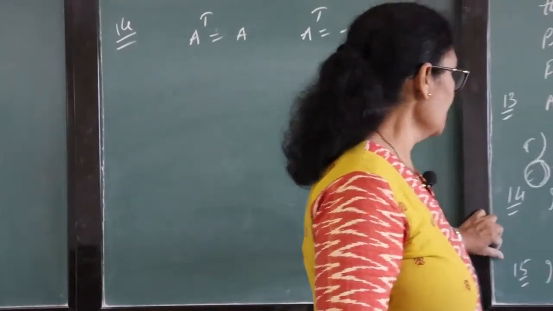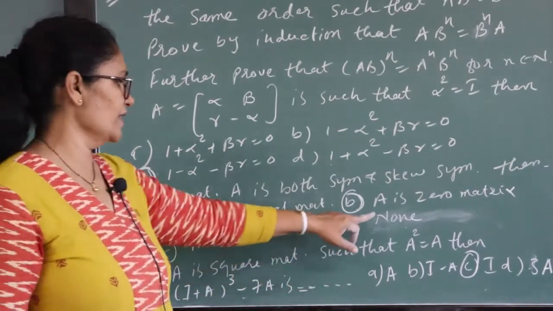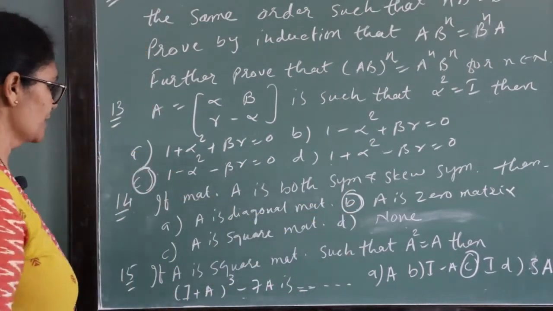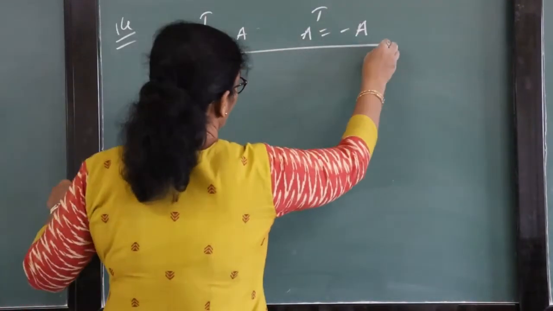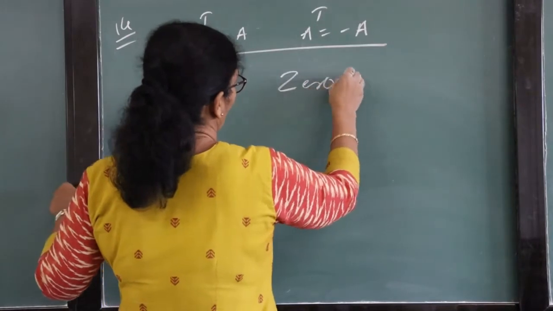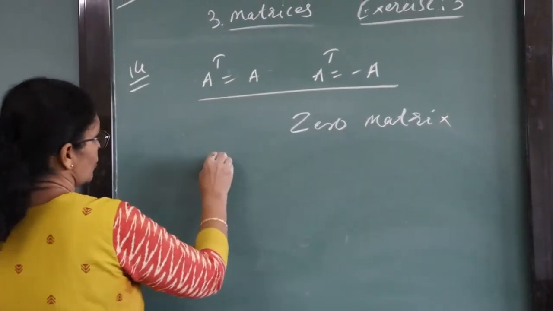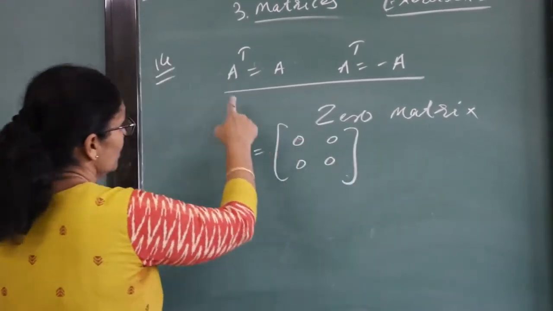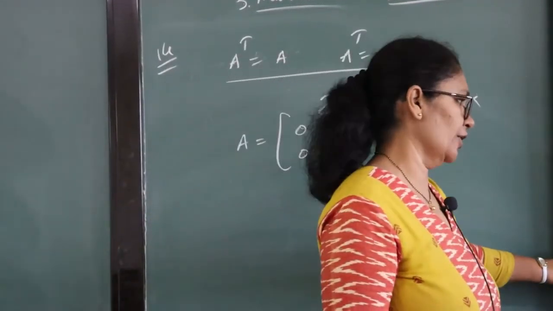First option is a diagonal matrix, second option is a zero matrix, third option is a square matrix, and fourth is none of these. But remember, both skew symmetric and symmetric is only possible for a zero matrix because there is no sign in it. Zero matrix means 0 0 0 0. So symmetric and skew symmetric both are possible for it only.